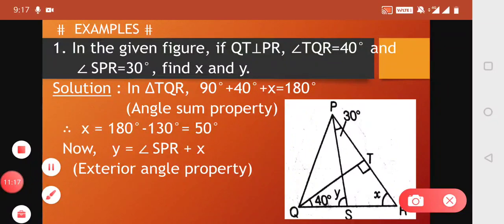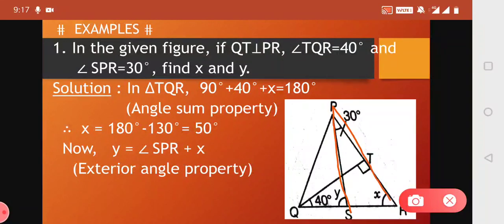We are selecting only this triangle SPR. Now according to this, Y is the exterior angle of triangle XPR.